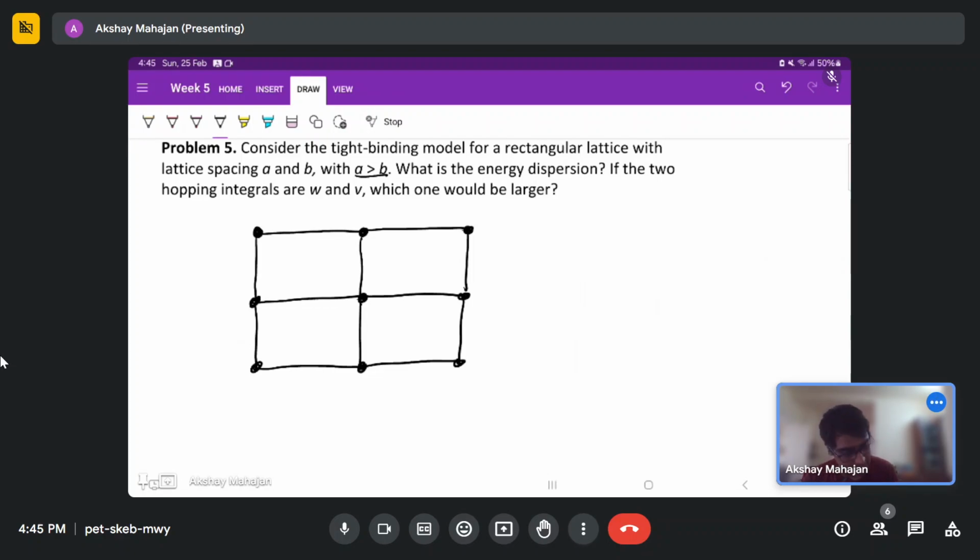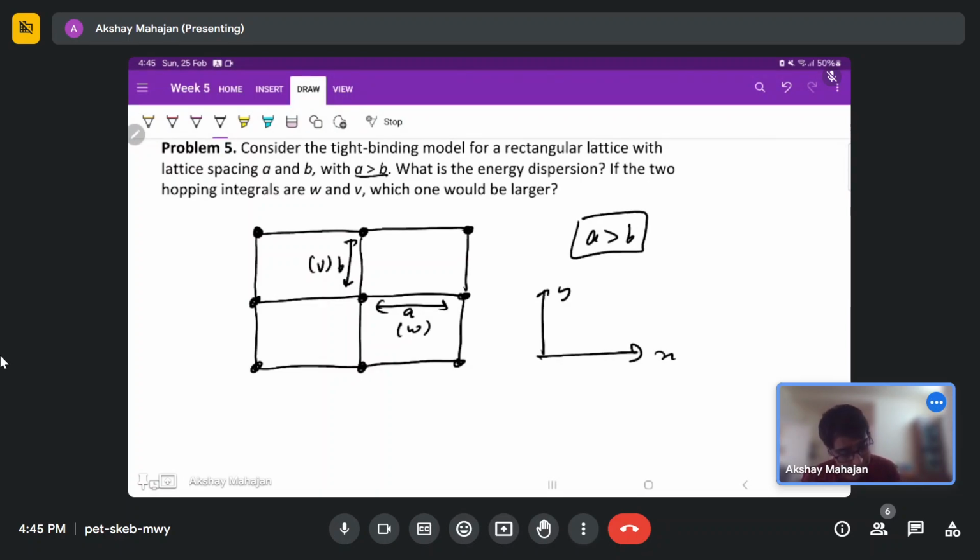So I prefer to do it like this. Kittel is similar, but they have written it a little differently. So let's say this is our rectangular lattice, and these are our lattice parameters a and b. Let this be my axis x and y. And it is given that a is greater than b.